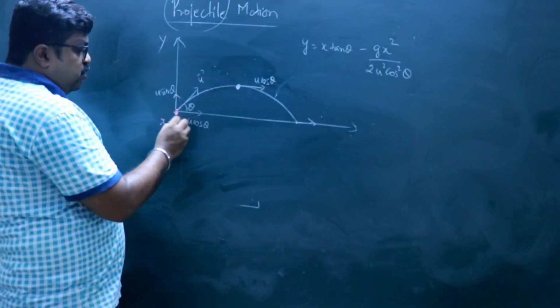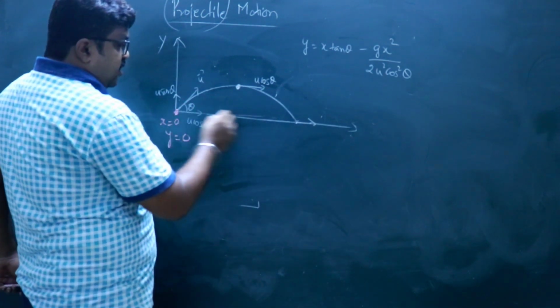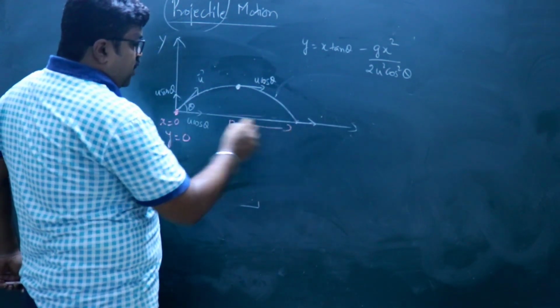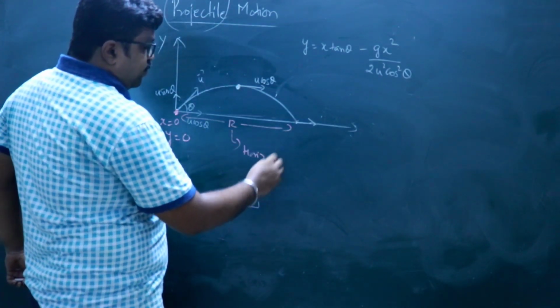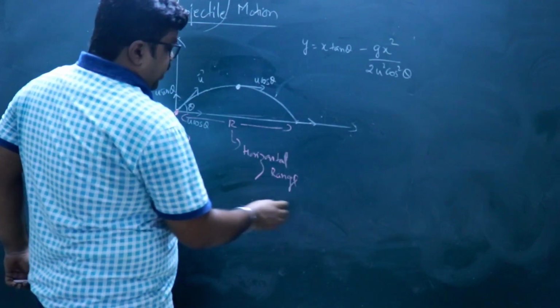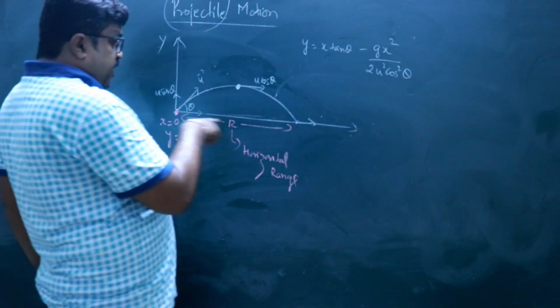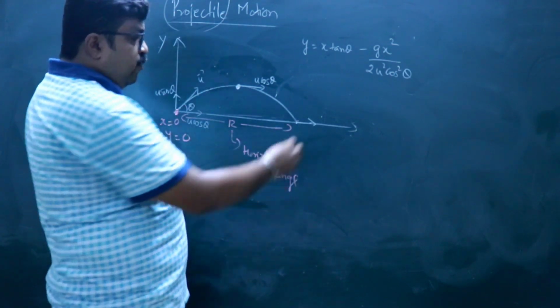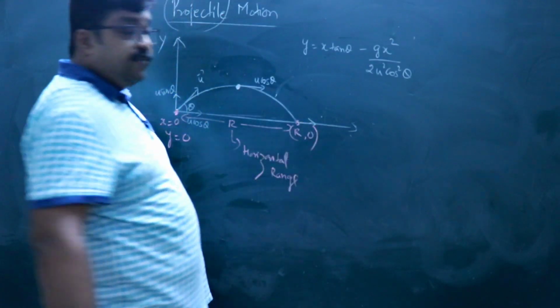This is x equal to 0, y equal to 0. Okay, now if I take this distance to be r, and we call it the horizontal range, that means along the x-axis this distance is r, so obviously this point's coordinate will be r comma 0.